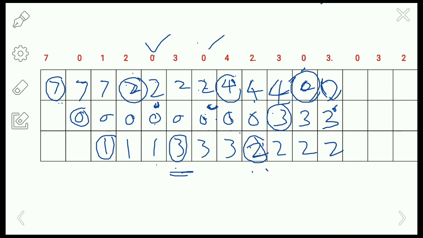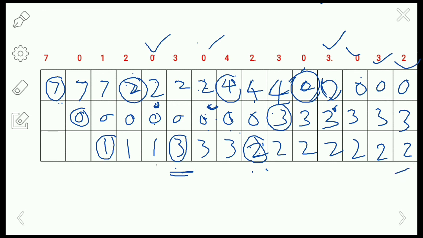So there is a page hit here. So next again, 0 is already there in the main memory, right? So 0, 3 and 2. So this is also a page hit. And 0, 3, 2, here also there is a page hit. 0, 3 and 2, so 2 is a page hit, which is already there in the main memory.